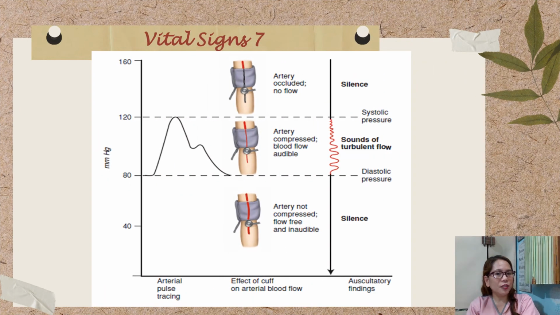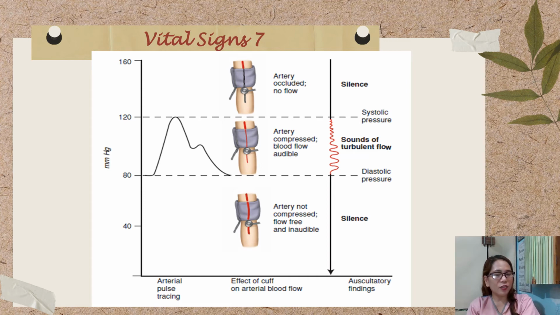Okay, so this figure shows the effect of the cuff on the arterial blood flow. When you inflate the cuff, the artery is occluded. There will be no flow, so there will be silence. And then once the artery is compressed, the blood flow is audible. You can hear sounds of turbulent flow, the Korotkoff sounds.